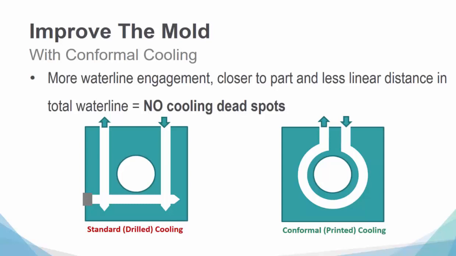The conformal line is shorter in distance, and there are no dead spots. So all in all, you can see there's more engagement with the water line when you look at the conformal line versus the standard line.